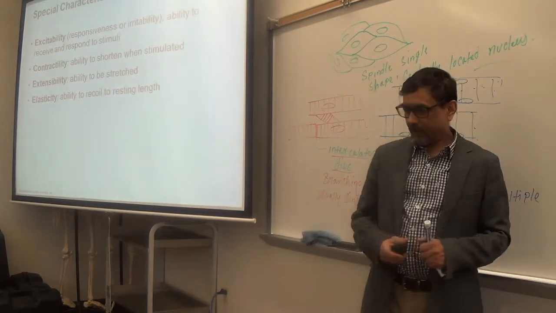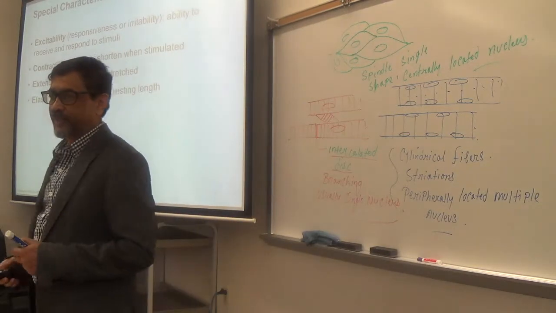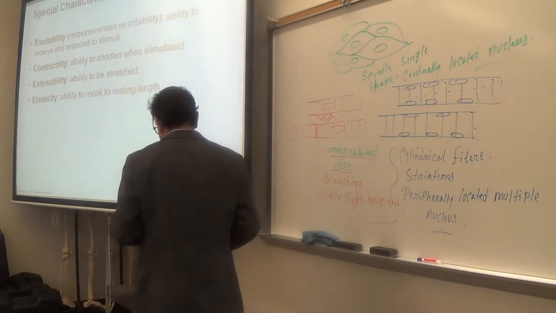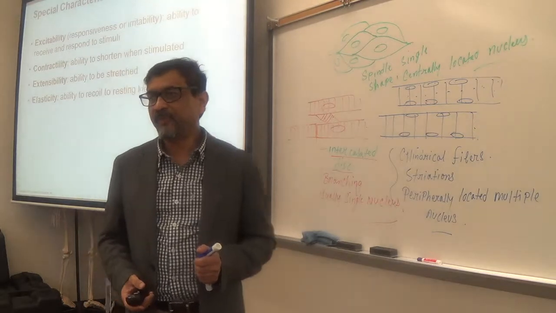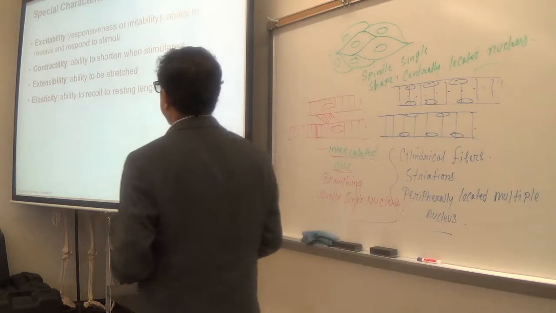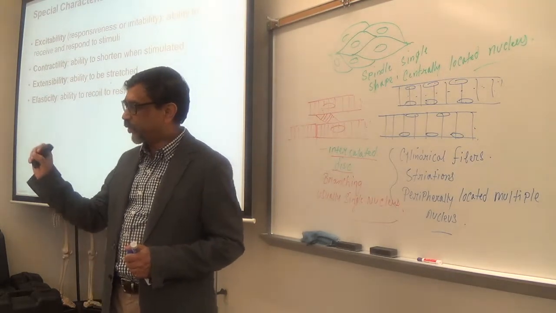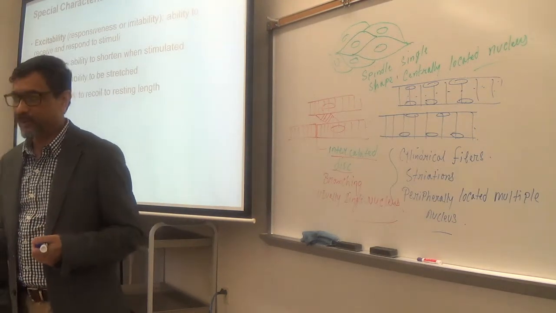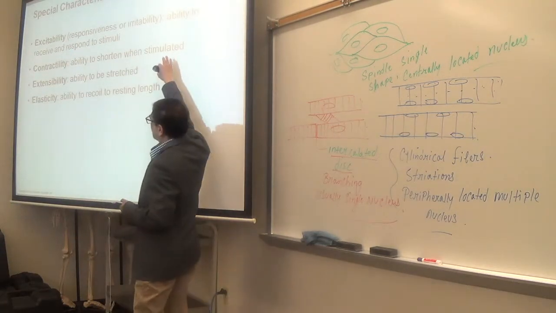Now the special characteristics of the muscle tissue. Muscle tissue shows excitability. What is that? The muscle can be excited by a stimulus. If I present a stimulus, the muscle will respond to that stimulus. How? By showing contractility.